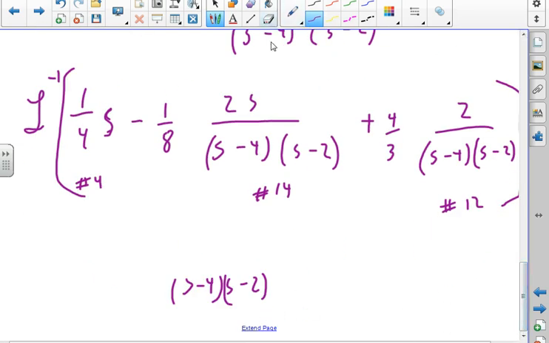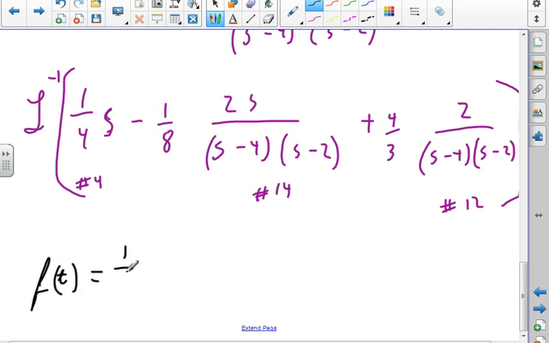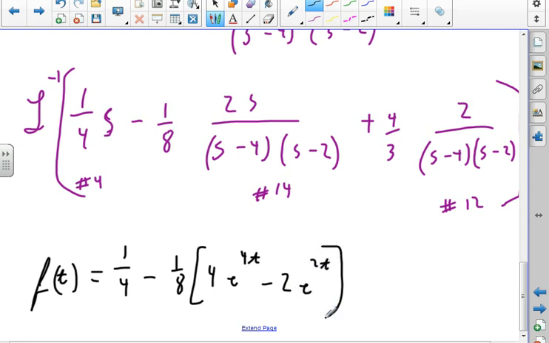Okay. Change colors. f of t equals 1/4 minus 1/8 times 4 e to the 4t minus 2 e to the 2t plus 4/3 times e to the 4t minus e to the 2t.